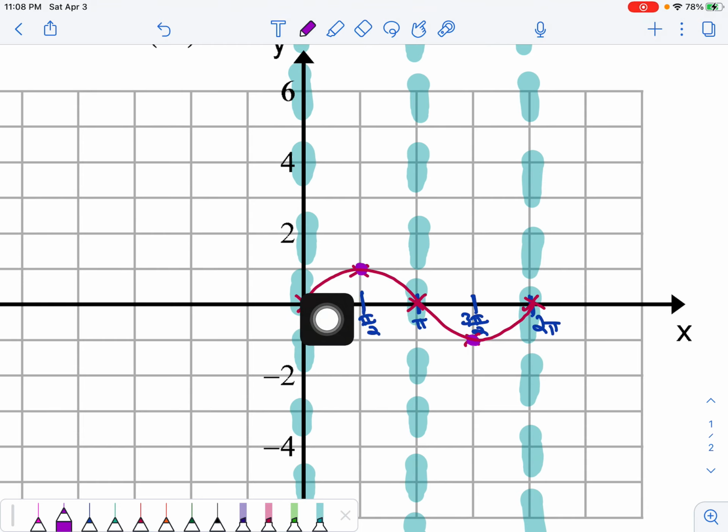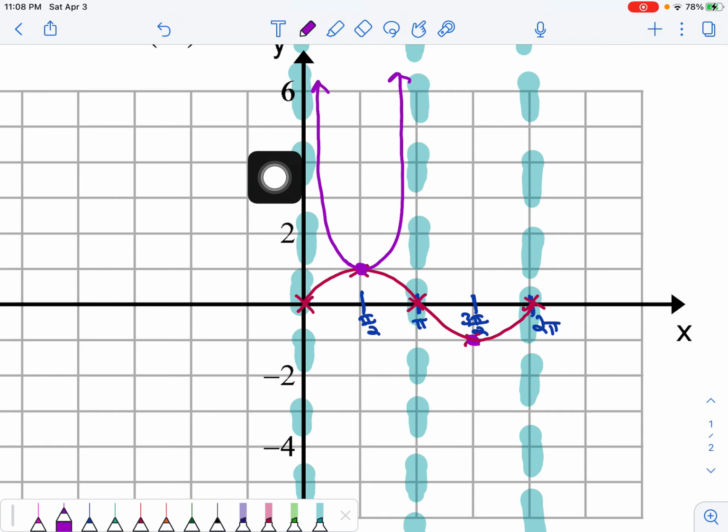So where this sine curve curves down to zeros, the reciprocal function, the cosecant function, curves up to infinity. Now you can't cross vertical asymptotes, okay? So you got to stay within these bars, but this is going to keep getting closer and closer to the asymptote, and it's going to keep increasing till forever.